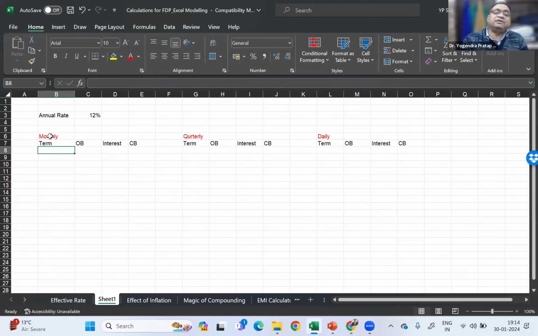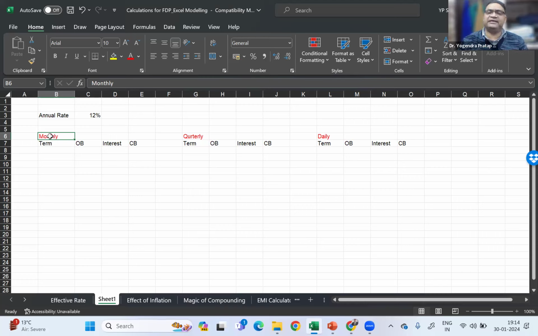And if the interest is credited monthly, your effective rate will be more, though the annual rate is 12%. If the interest is credited quarterly, your effective rate will be different. If it is credited on a daily basis, for example, banks on deposits are now paying interest on a daily basis, so that accumulates daily. So the frequency matters very much.